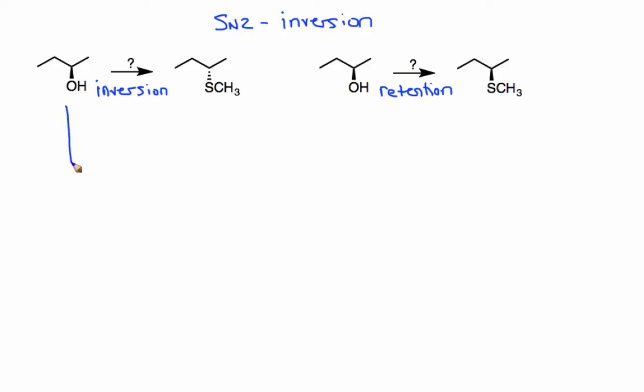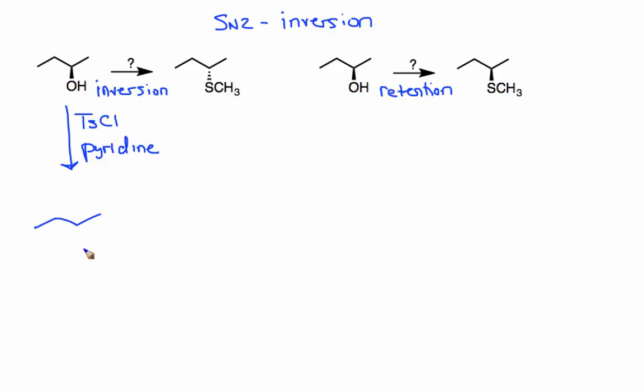What we can do is treat this with tosyl chloride and pyridine. What this does is it forms an O-tosylate group.